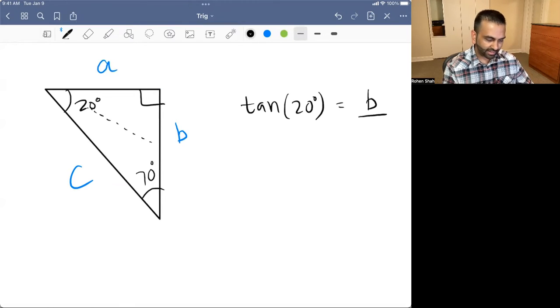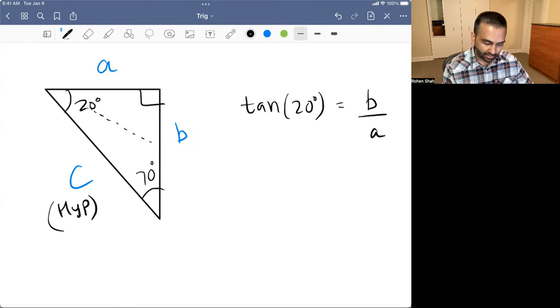Looking at this triangle, C is the hypotenuse. So if it helps, you could first label C as the hypotenuse, and relative to 20, B is the opposite, which means A is the adjacent one. It's next to it. So here it's just going to be B over A.